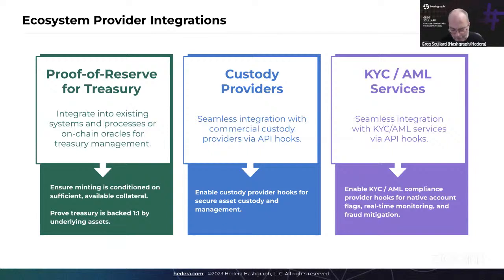So if you wanted to use a custody provider that we support today, beyond setting up a commercial relationship with that custody provider and obtaining some API keys, that's really it. You put the API keys into Stablecoin Studio's configuration, and you're good to go. You don't have to write software to make this integration work.